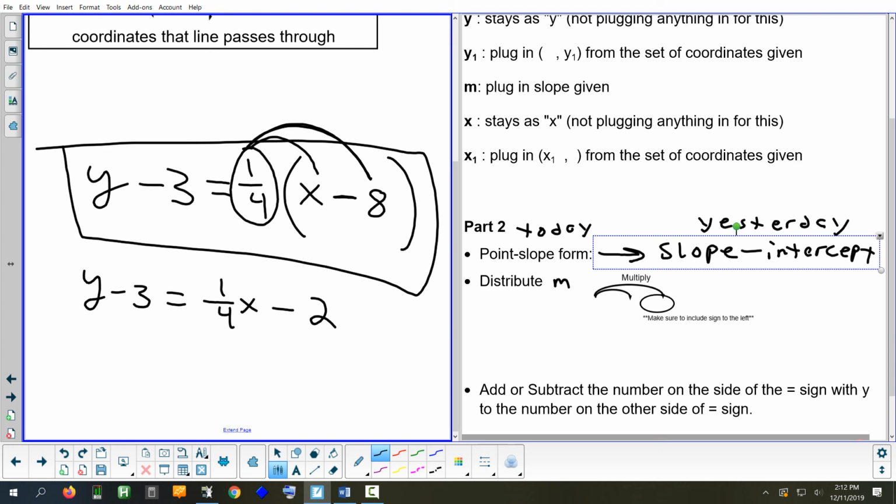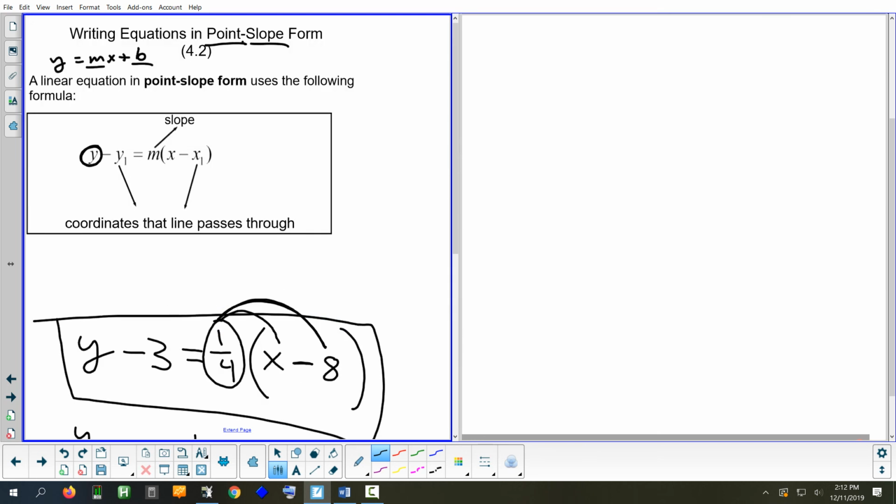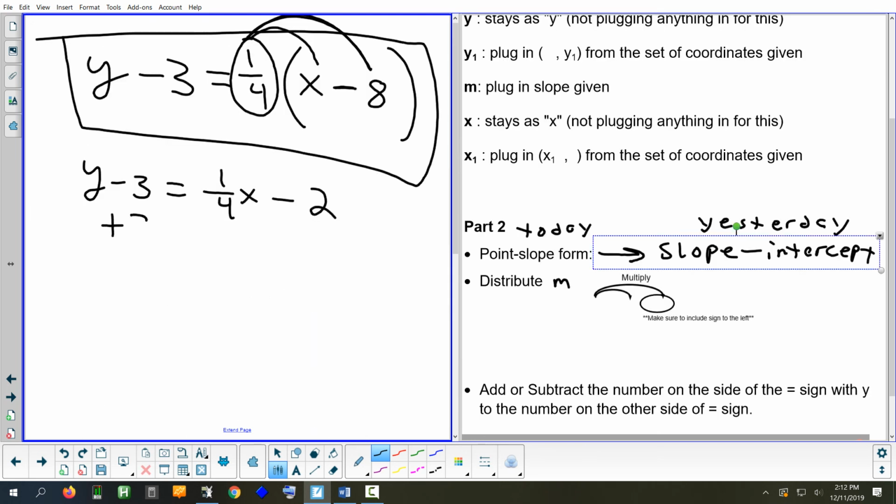So what's the number that's with the y right now? -3. How would you move a -3 to the other side? By adding it. +3. What's -3 plus 3? 0. What's on the left-hand side now? Y.